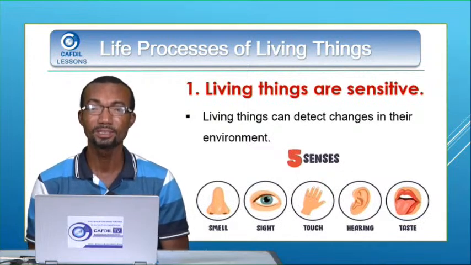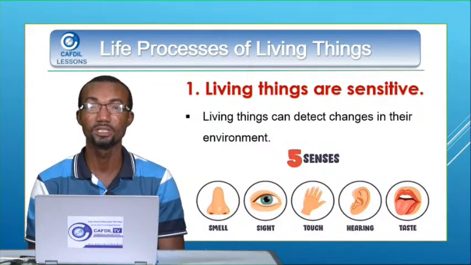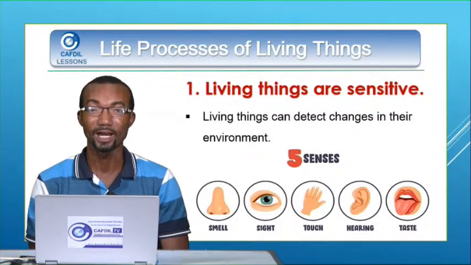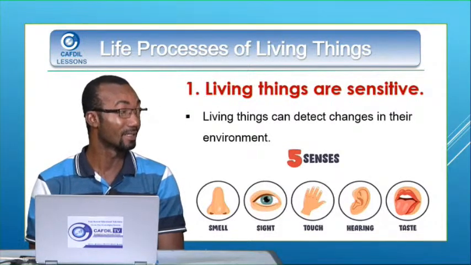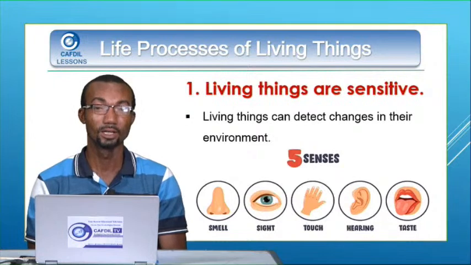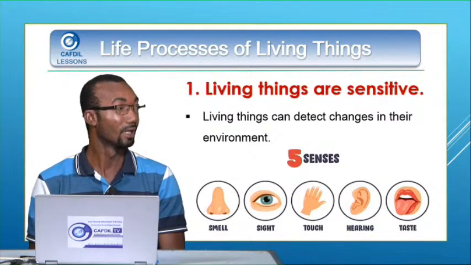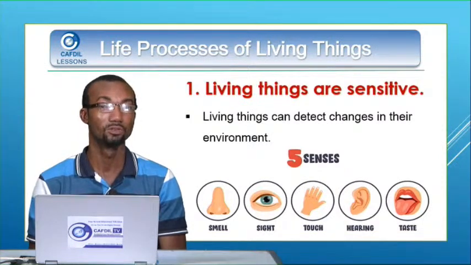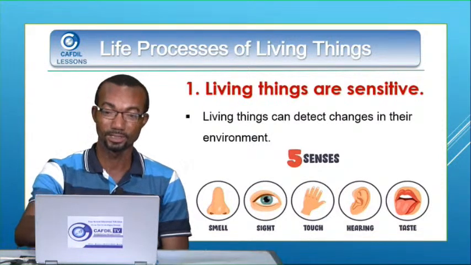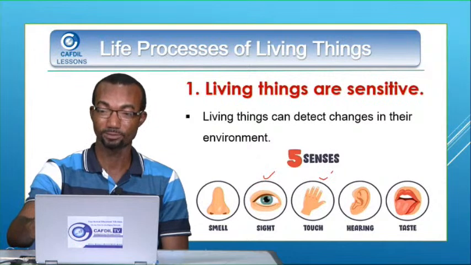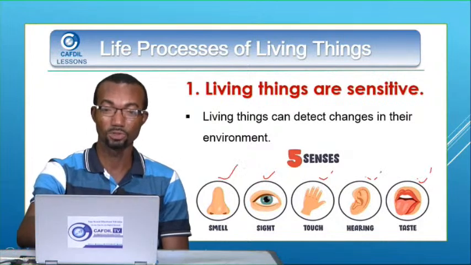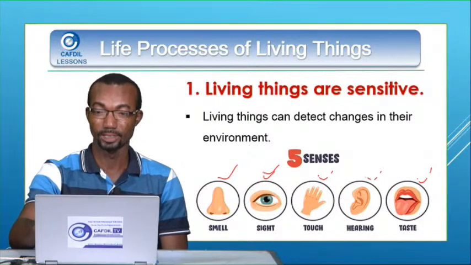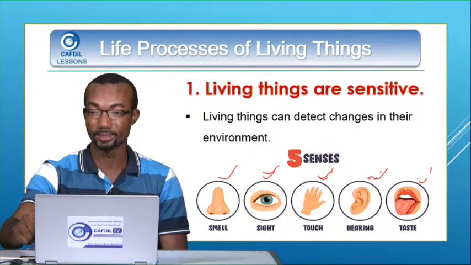If you look at living things, especially animals and we human beings, we have what we call 5 senses. As you see on the screen, if you look, you see the nose, and then we have the eye, the hand, the ear, and then the tongue.